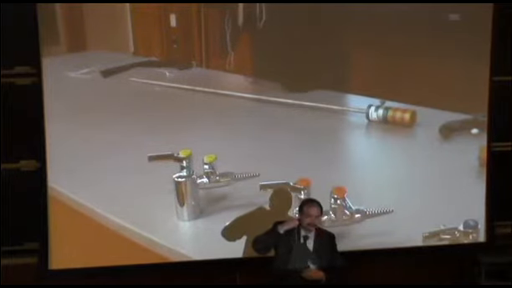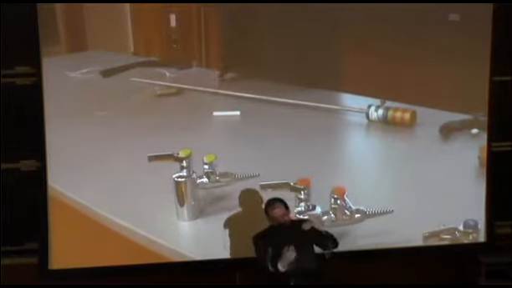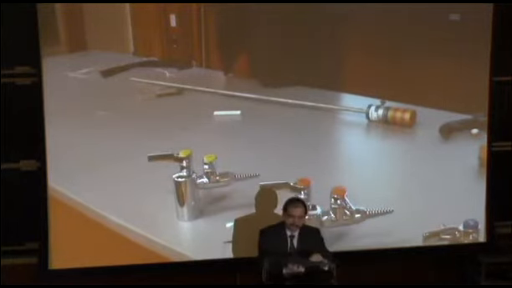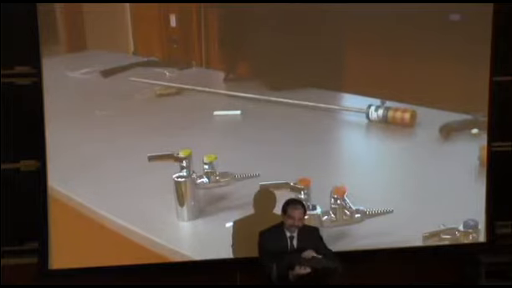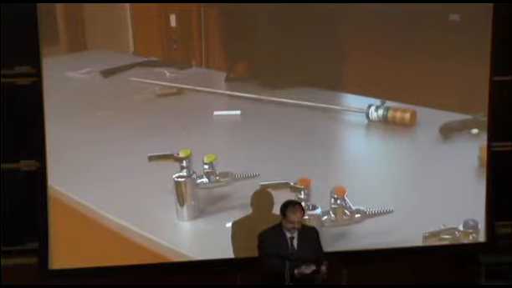That's center of mass. Let's check. Well, strings kind of mess it up a little, but well, more or less.